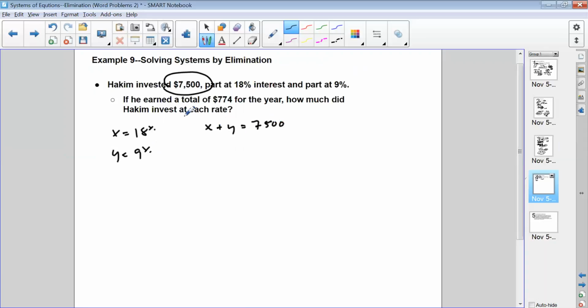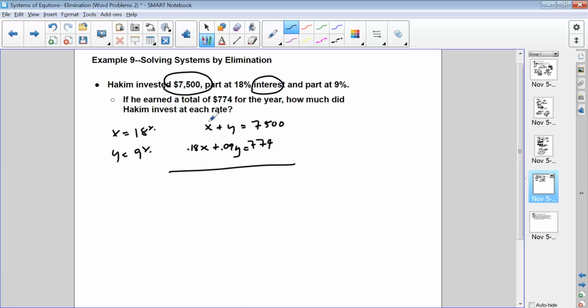And we're looking at interest earned. And we know that interest earned was $774. So we know that 18% of the amount invested and 9% of the amount invested should give us 774 with interest.